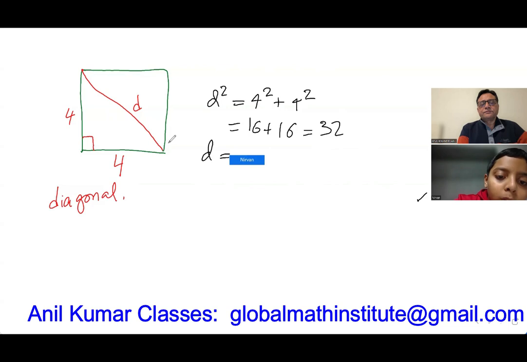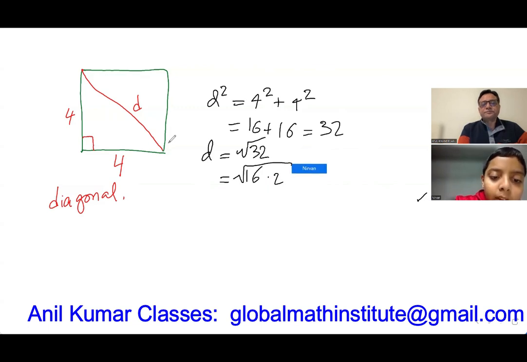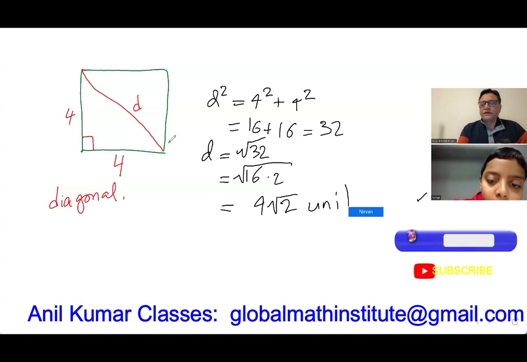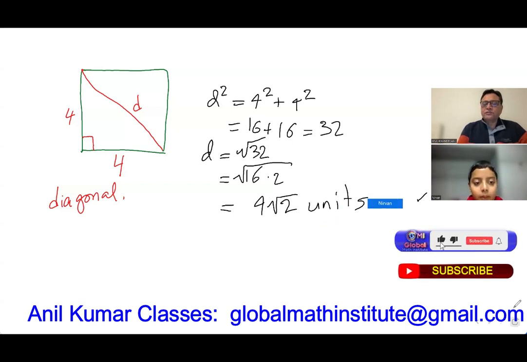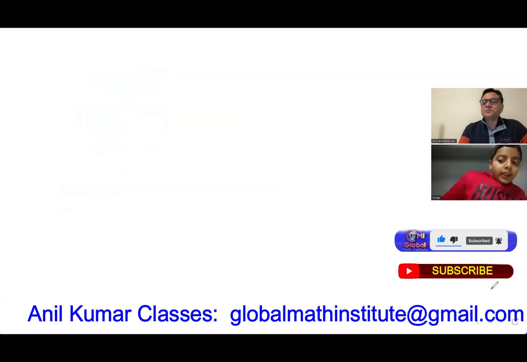D equals square root 32. And you can simplify it more. So you can multiply 16 times 2. Very good. 16 times 2, and you're going to end up with 4 square root 2 units. Perfect job. So you see, in a square, the length of the diagonal is square root 2 times the length of each side. You get the idea? Yes.